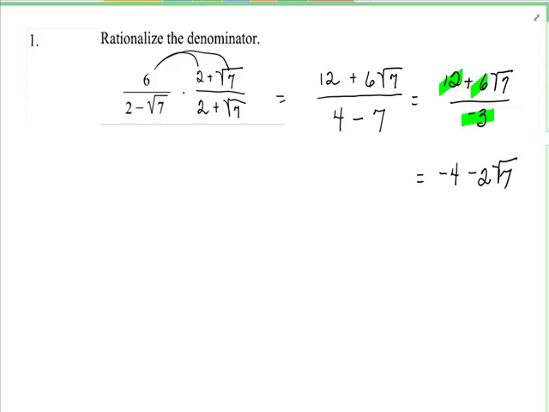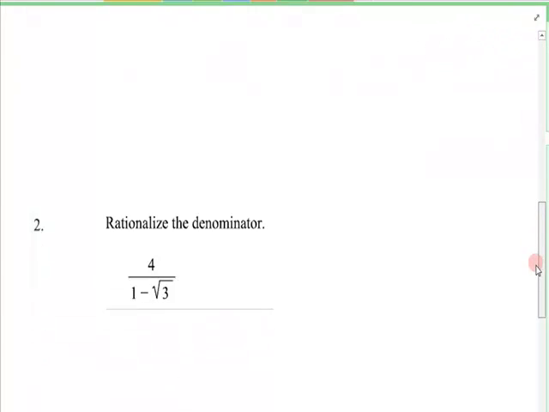And that's our answer. So only if all three of those rational positions can be divided, and I divided negative 3 into that one, negative 3 into that one, and when I divided negative 3 into that, the denominator became 1, and I didn't write the denominator. So let's take a look at number 2.